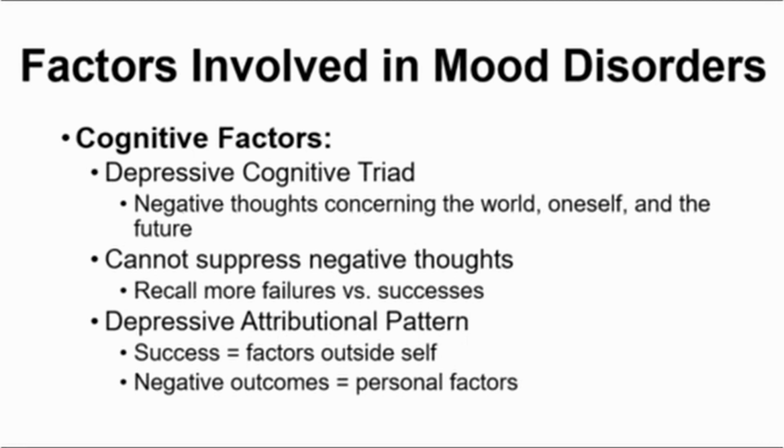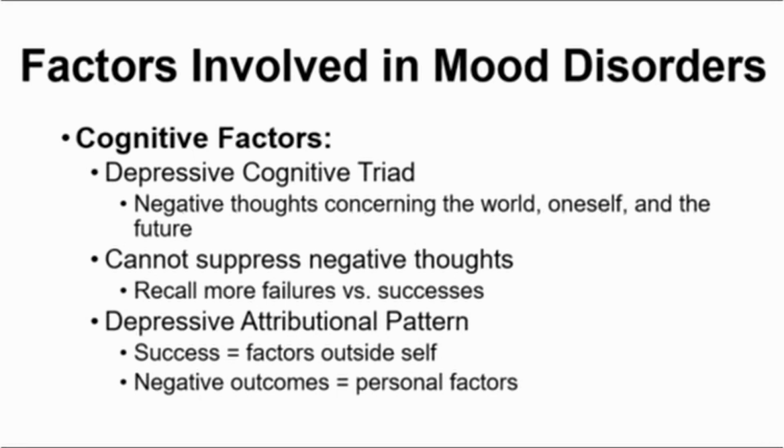They're going to have negative thoughts about the world, about themselves, and about the future. So their environment, themselves within it, and what's happening next. And if they can't find hope in any of that, then they tend to be more likely to stay depressed.